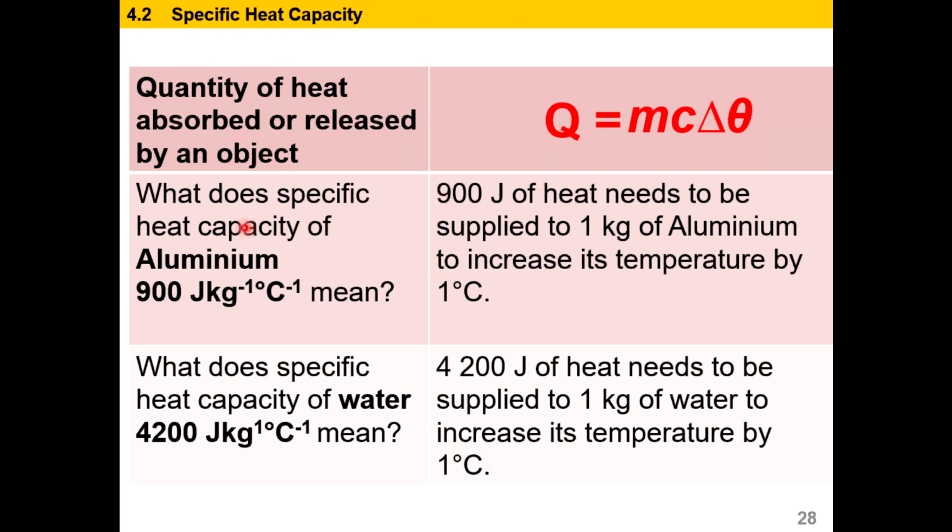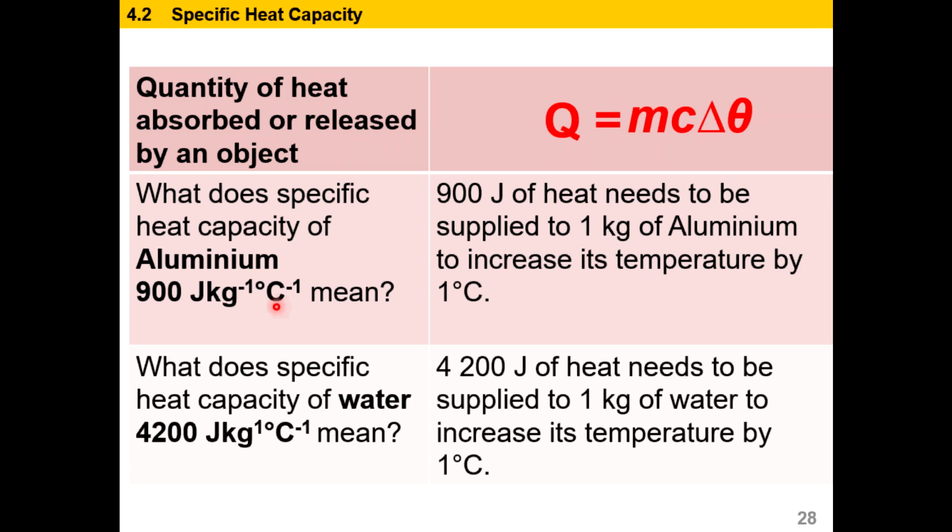Now, what does it mean by the specific heat capacity of aluminium as 900 joule per kg per degree Celsius? You see, joule is the unit for heat energy, kilogram is the unit for mass, and degree Celsius is the unit for temperature.